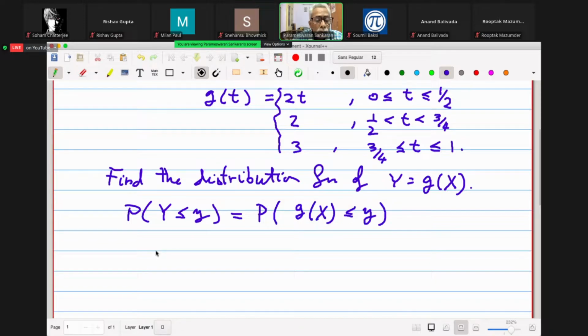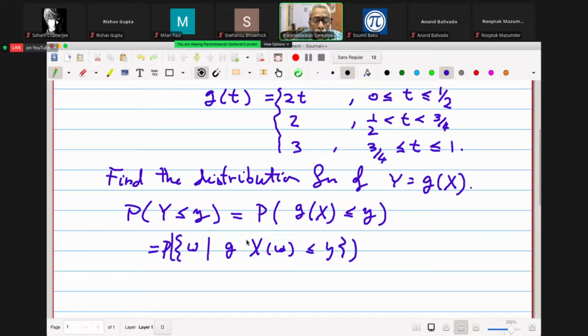So this is the same thing as saying probability of the set of omega such that g of X of omega is less than or equal to y. Okay.